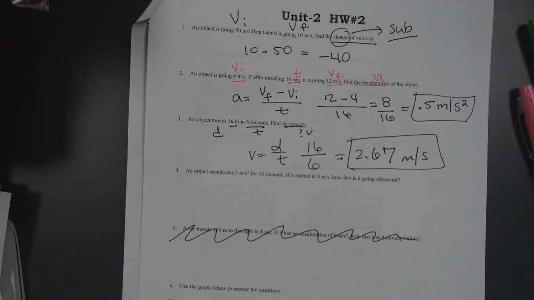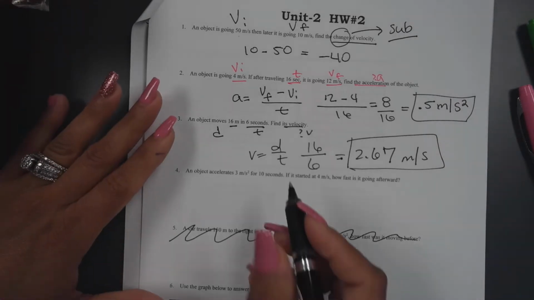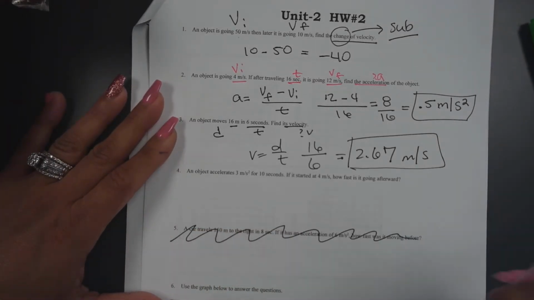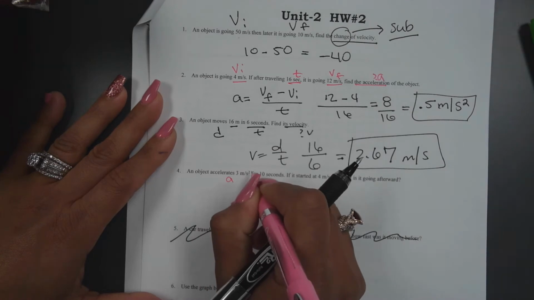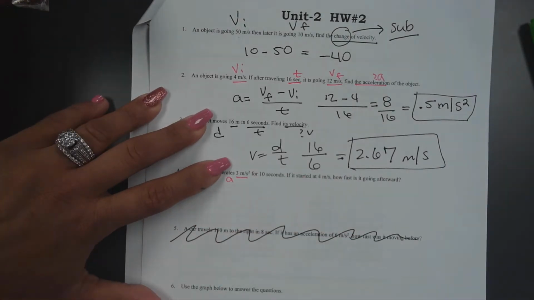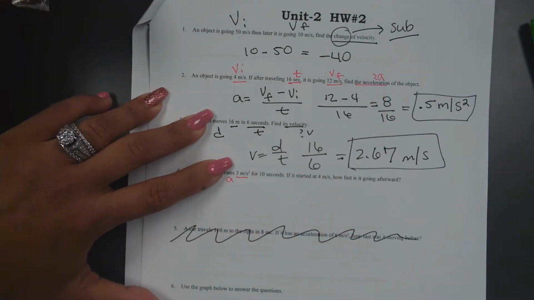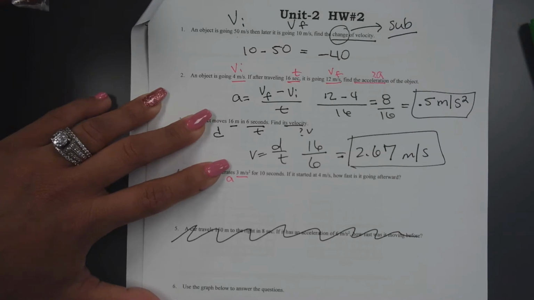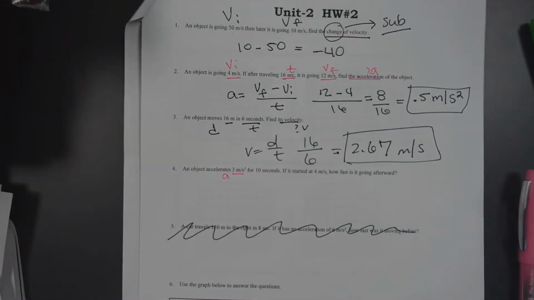The next one, number 4, says an object accelerates. Now, if this is my A for acceleration, what type of acceleration is it? It's a positive value. Positive acceleration means to speed up. My first number is whatever, but my second number better be bigger because it was speeding up. Let's keep reading.